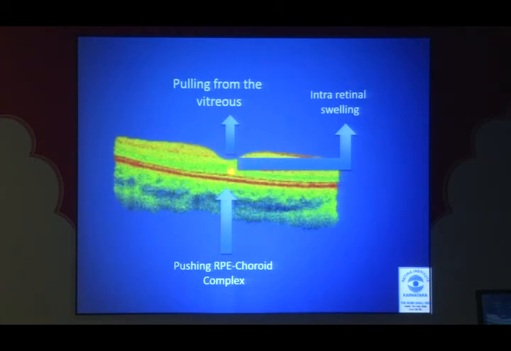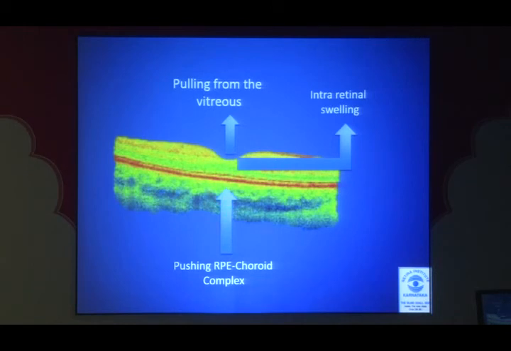Anything causing the retina to swell up, the fovea to become swollen, will again make the concavity lost, and that can also result in loss of foveal reflex. And anything pushing the retina choroidal complex and the fovea from behind can also cause a loss of foveal reflex.